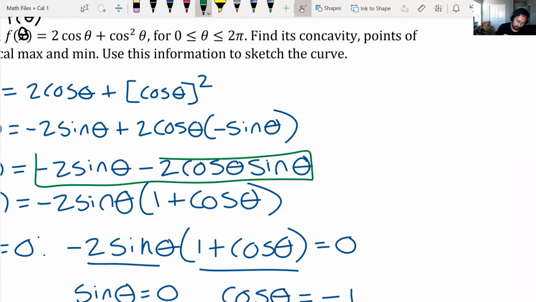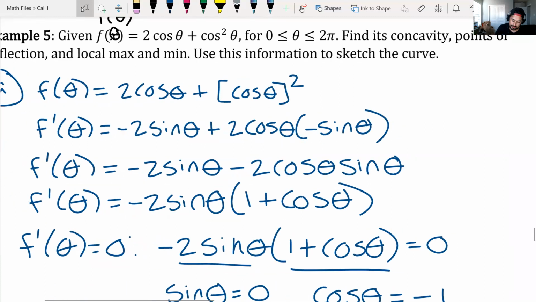If I choose this form, I avoid the product rule. And you're probably asking, how do I do that? And the answer is identities.